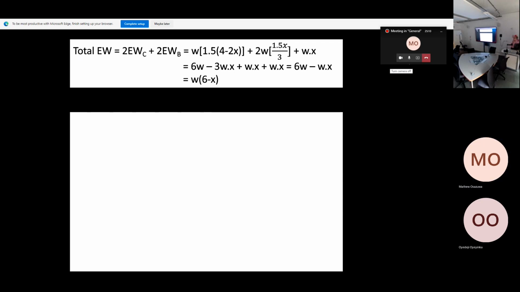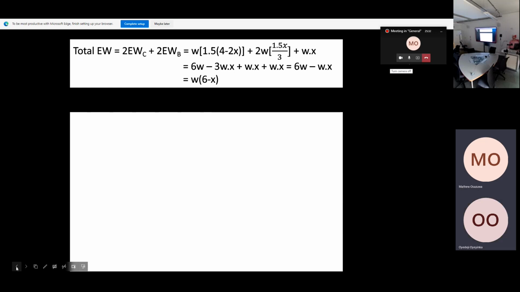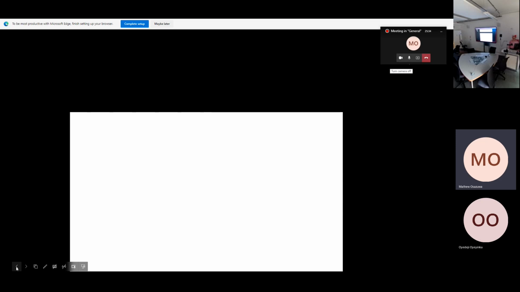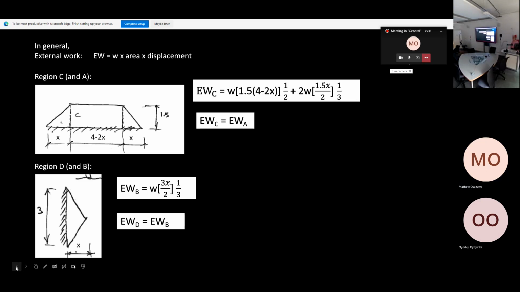Is that okay? So now we equate for equilibrium. Yes? Why didn't we express the deflection as a function of theta, as a function of the angle, as we did in beam analysis? I don't understand. What's your question? My question is, why didn't we express deflection in terms of theta, as in the early design?